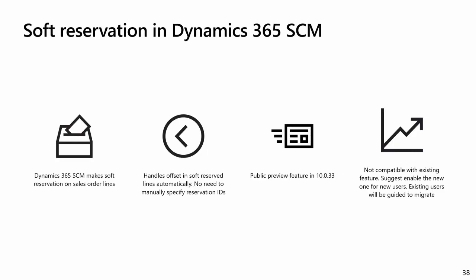The new feature will handle the offset event in the soft reserve lines automatically, and there's no need to manually specify reservation IDs if the reservation is made from Dynamics 365 Supply Chain Management. It will be a public preview feature in the release of 10.33.